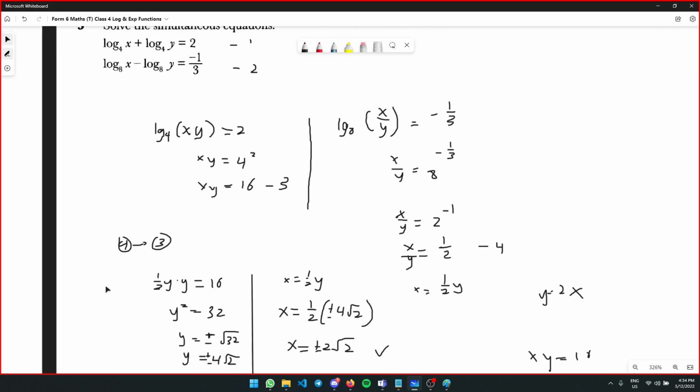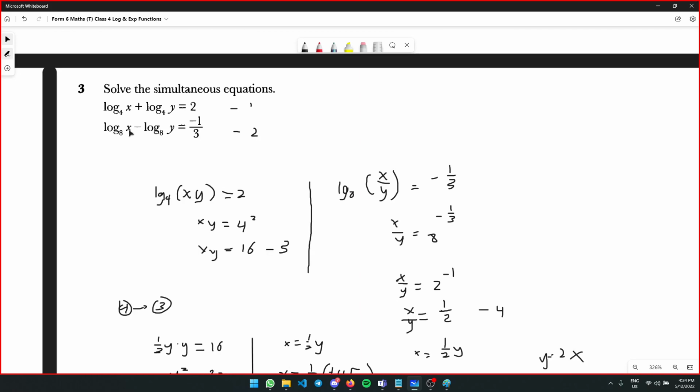Okay. Another method would be making all of them the same base, meaning that you change all of this to base 4, and then you can just substitute. You can just put whatever value equals here into this equation as well.